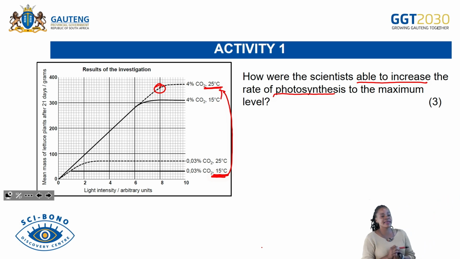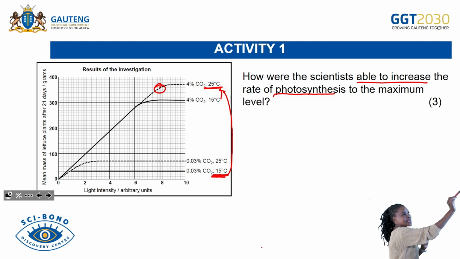And what else were they able to increase? Yes, the what? No, not light intensity, but what? Remember, we are here at the optimum amounts. So you are saying temperature was increased, and what else was increased? Carbon dioxide.